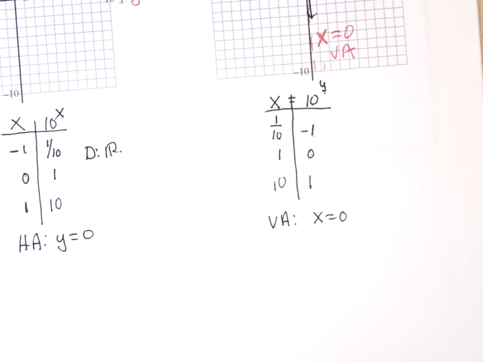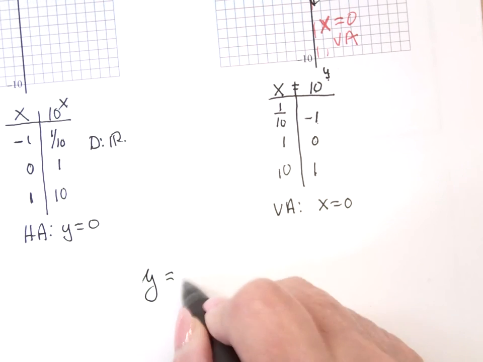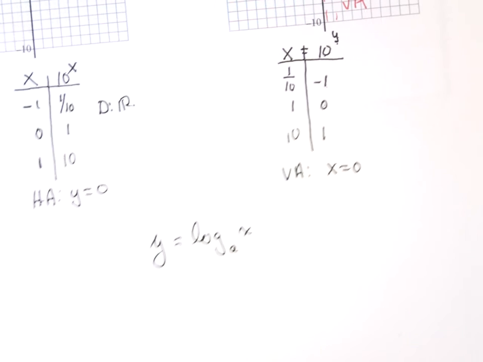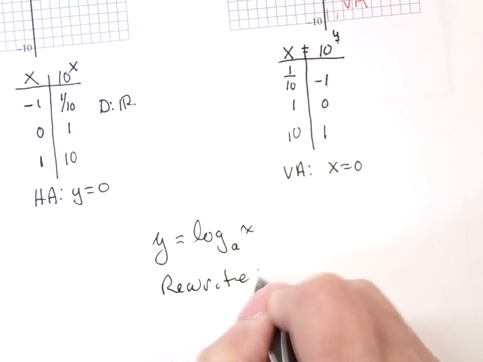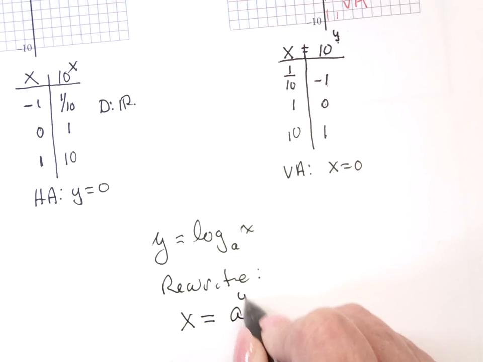So for me, if I'm going to have to do this using transformations, and if I were to look at y equals log base a of x, I would rewrite it as x equals a to the y power.